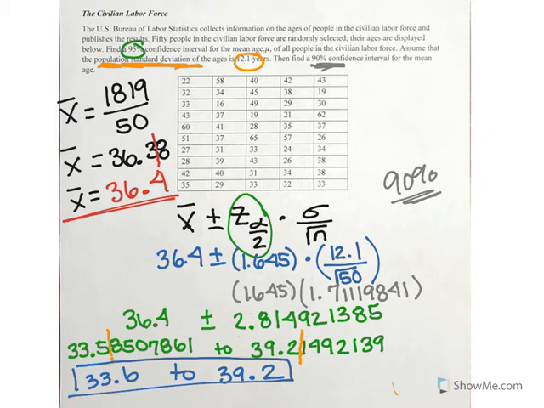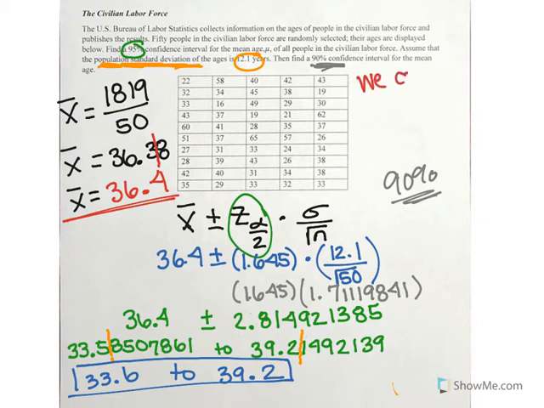Now, you do need to be in practice of knowing that phrase for writing the interpretation if it's asked. That phrase would be, and I didn't do it for the 95, but you would change the percent in my interval range. But this is what your phrase would be for 90%.